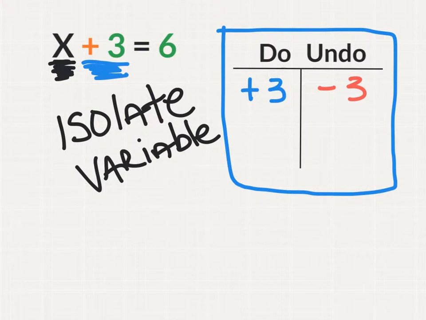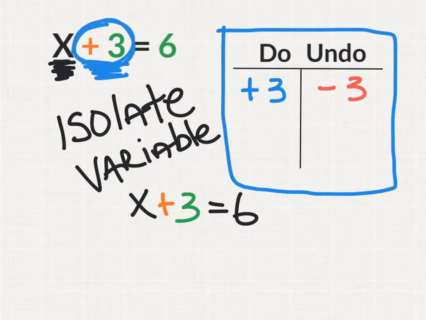So to solve this problem of x plus 3 equals 6, we first identify the do, which was plus 3. We then identify the undo, which was minus 3. We then use the undo to solve our problem.